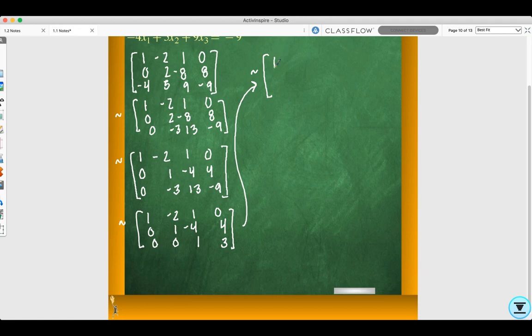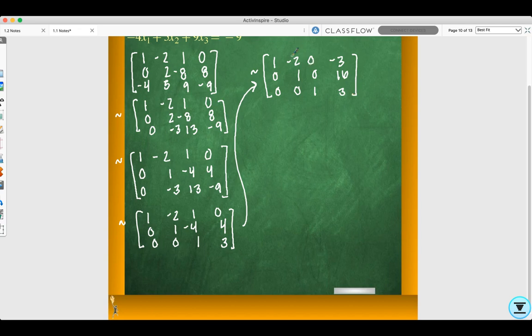So when I do that, row 1 becomes 1, -2, 0, -3, and I got that by taking negative row 3 and adding it to row 1. And now I'm going to take 4 times row 3 and add it to row 2, and I'd get 0, 1, 0, 16. And row 3 is just 0, 0, 1, 3.